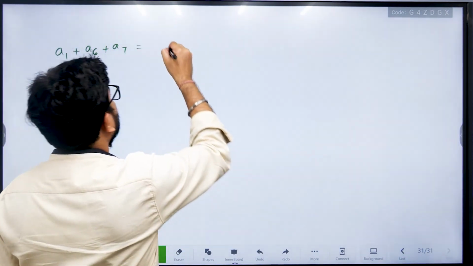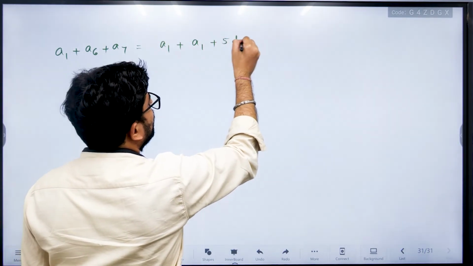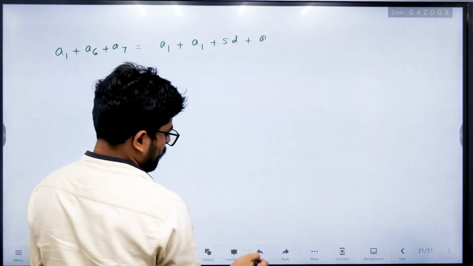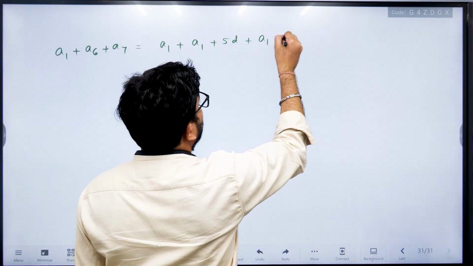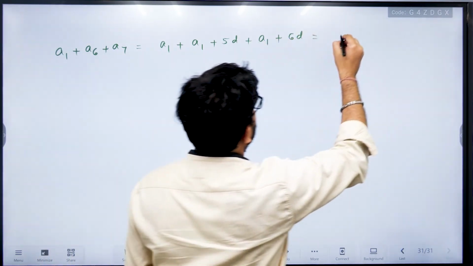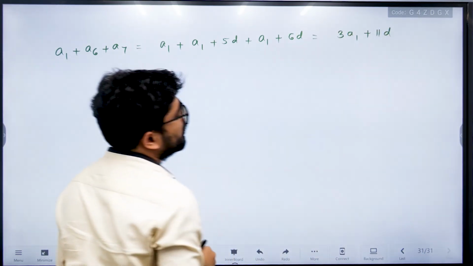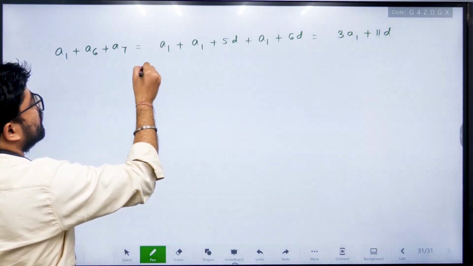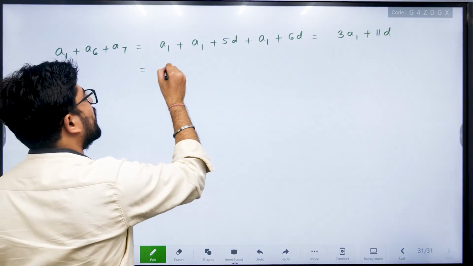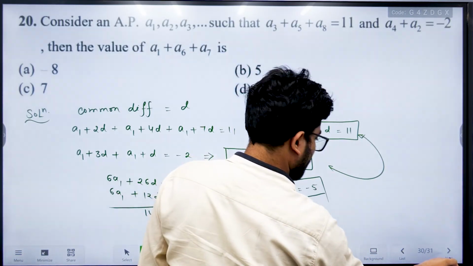So this is A1 plus A1 plus 5D plus A1 plus 6D, which is equal to 3A1 plus 11D. We have A1 as minus 5 and D as 2.